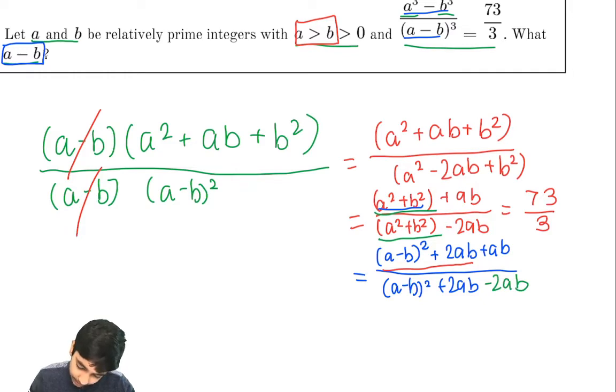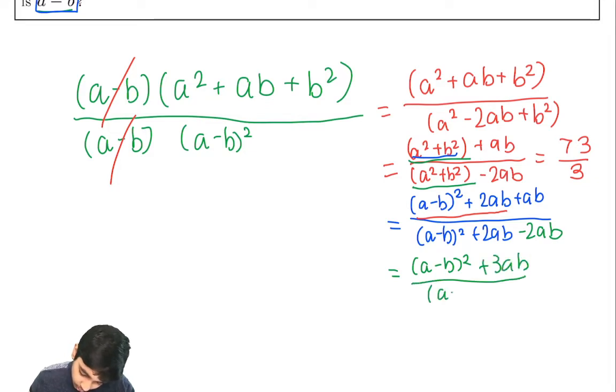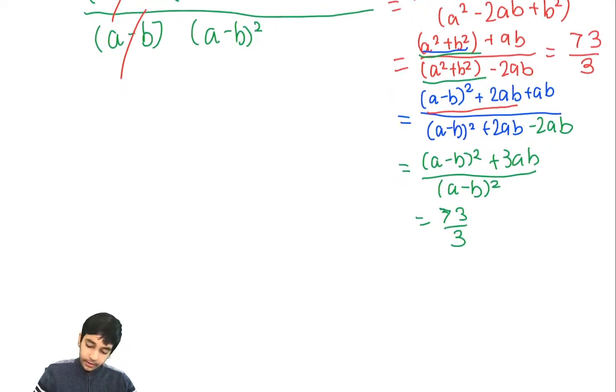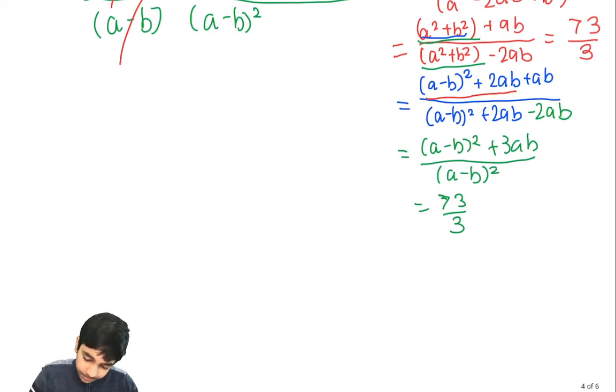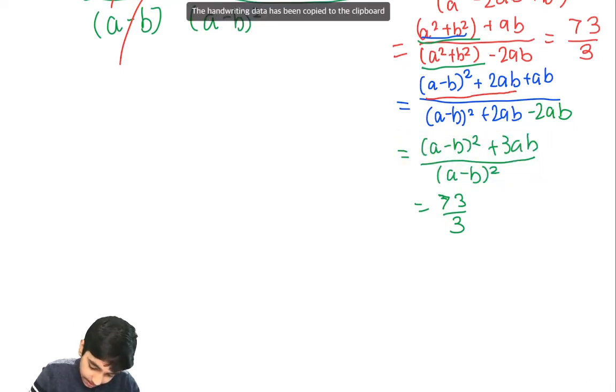Okay, and now we just simplify this, and it is equal to 73 over 3. And this is equal to a minus b squared plus 3ab over a minus b squared, because the 2ab's cancel out. And this is 73 over 3. Because now we just have to solve this equation.